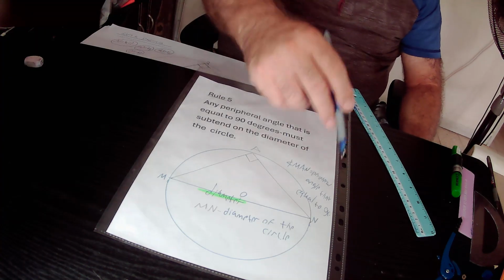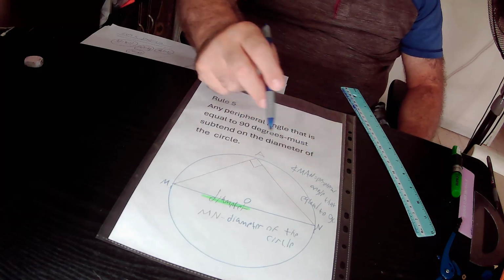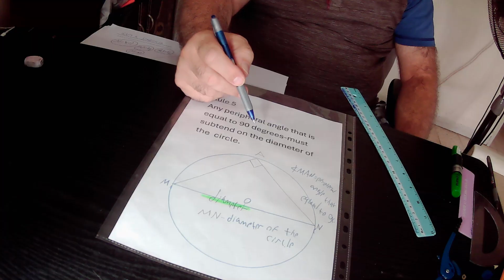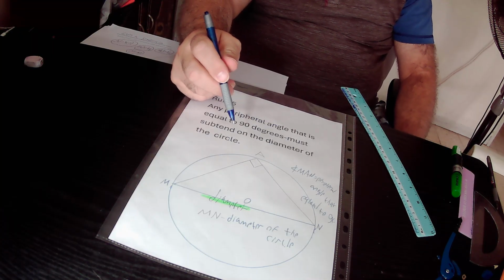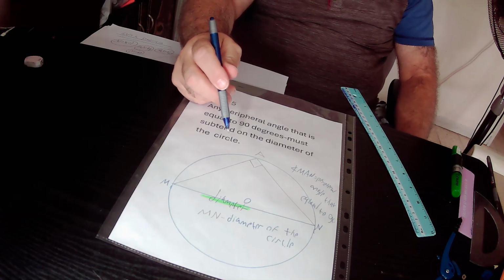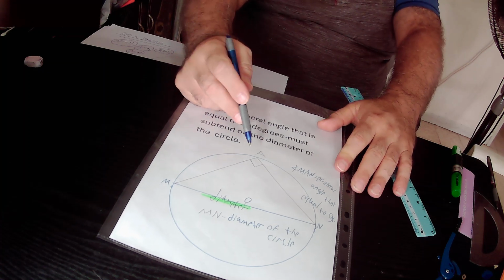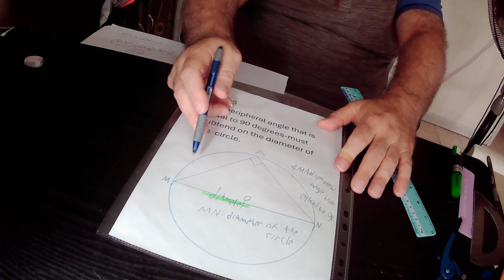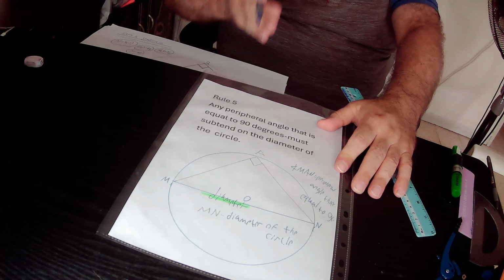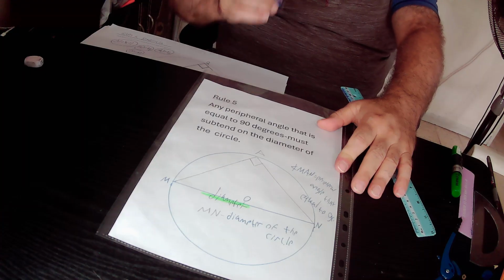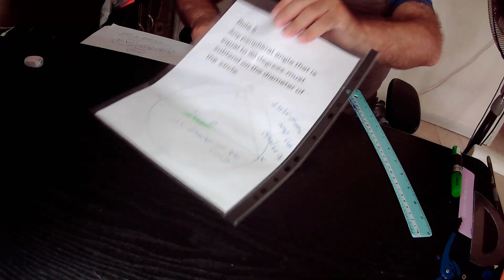In this circle, peripheral angle MAN equals 90 degrees, and indeed it subtends MN, which is the diameter of this circle. We can implement rule 5 in our drawing.